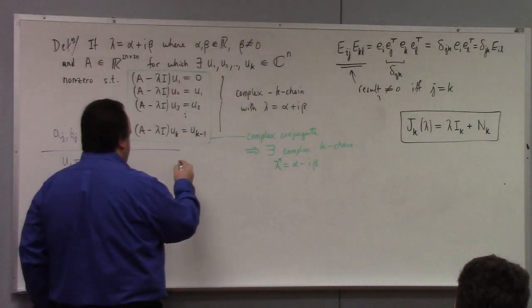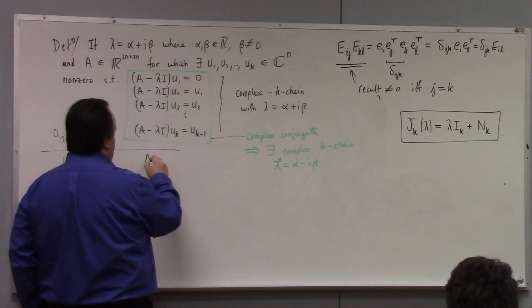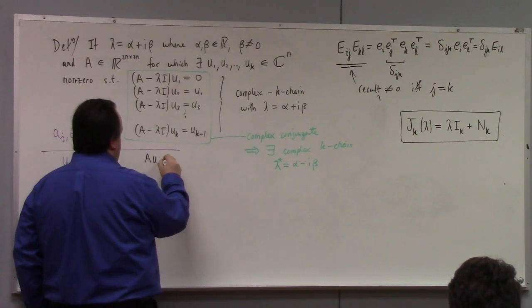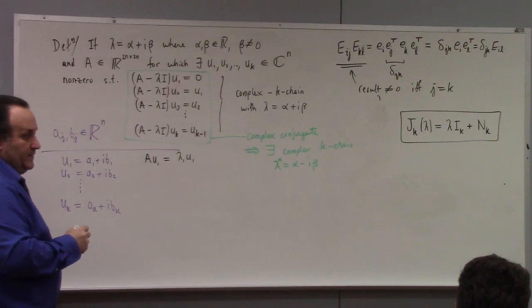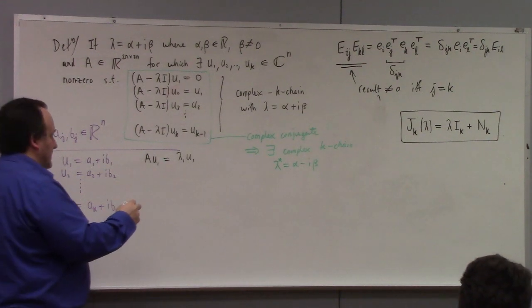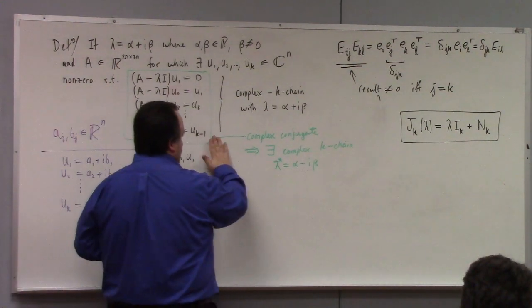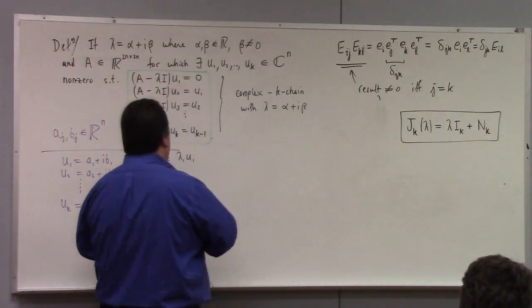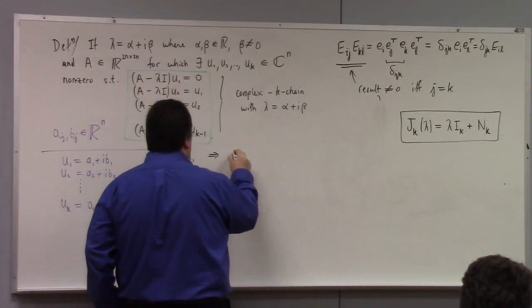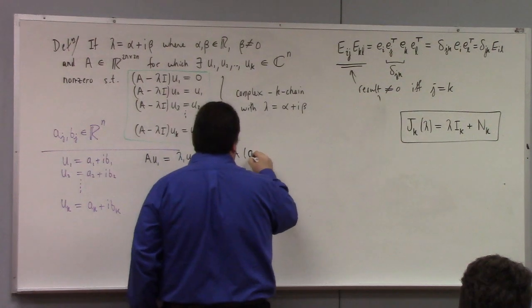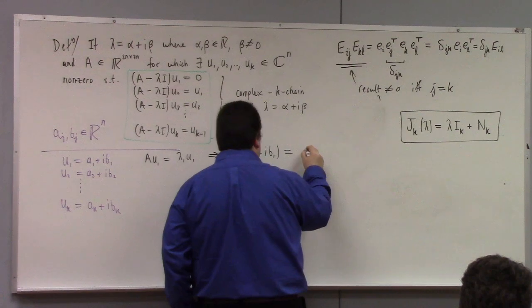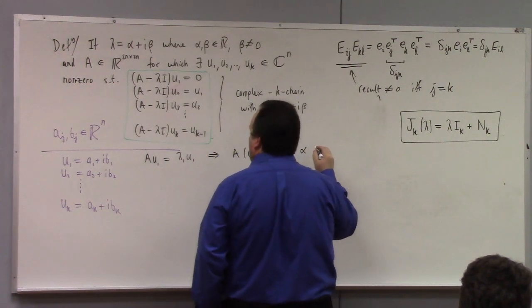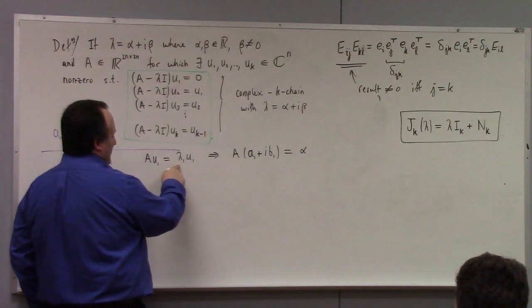All right. So let's look at what that says. On the one hand, we've got A u1 is equal to lambda u1, right? So what is that actually? Let's work that out. That tells me A times (a1 plus i b1) is equal to alpha, and not alpha 1, that's just lambda. There's no lambda 1 here.